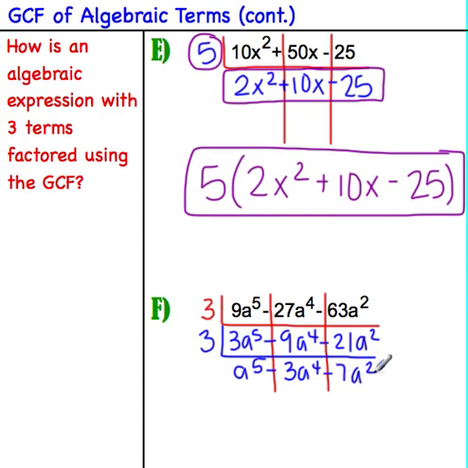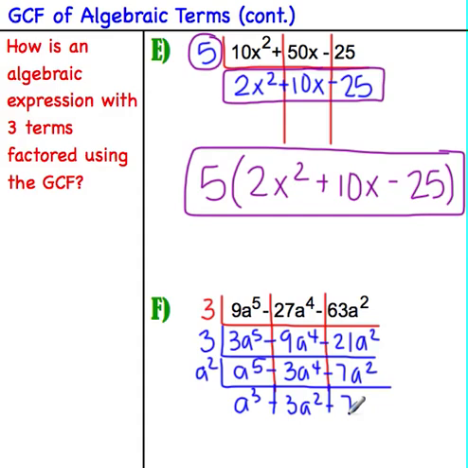I no longer have any numbers in common, but this time I happen to have two a's in common. And a to the 5th divided by a squared is a cubed minus 3a squared minus 7.